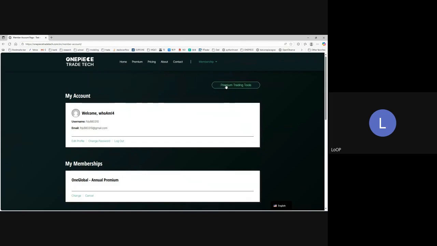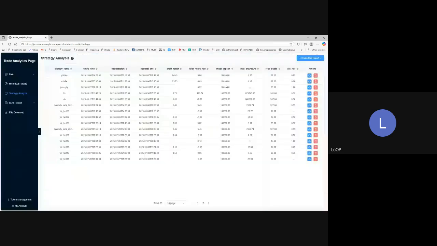On the top right corner, there's a premium trading tool. You'll be redirected to our main analytical web page. This is a landing page that shows your own trading performance analytical records. We'll go into detail about how to use this page in later sessions.